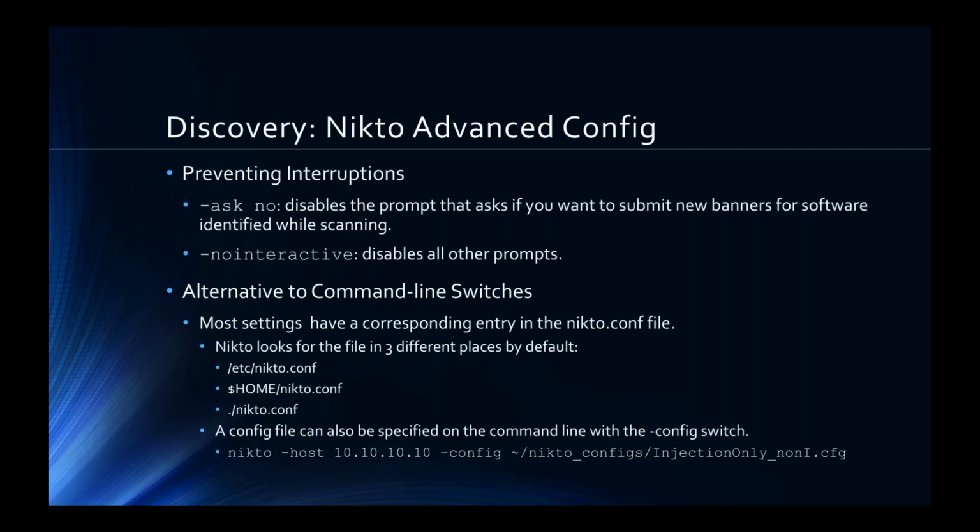And it'll also look in the path that the Nikto executable is in for nikto.conf. You can also specify a path to your custom configuration file. So maybe you have a folder of special configuration files that you use for different purposes, and you can use the -config switch to point Nikto to whichever configuration file you want to run.